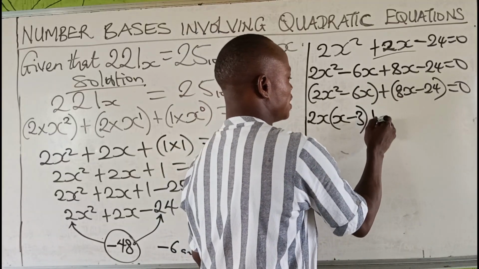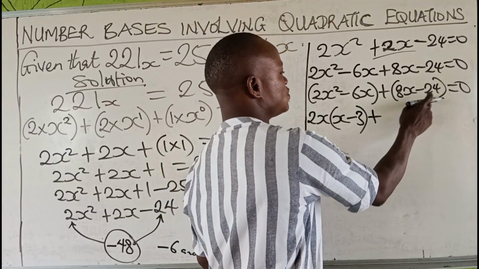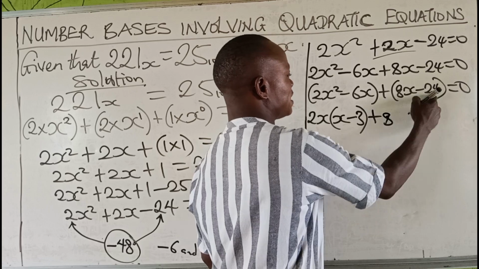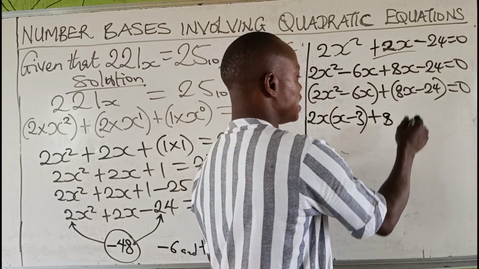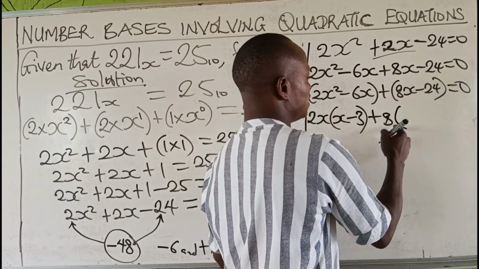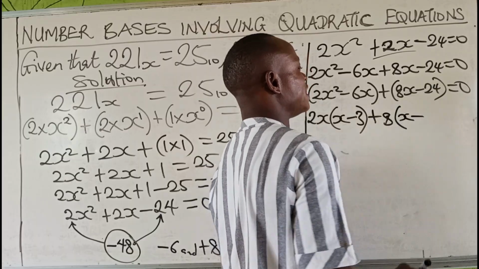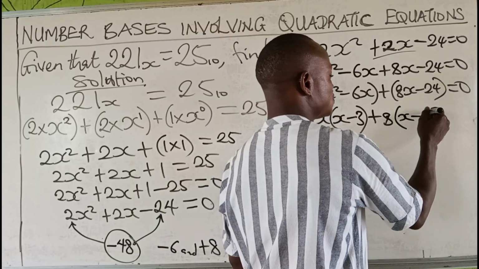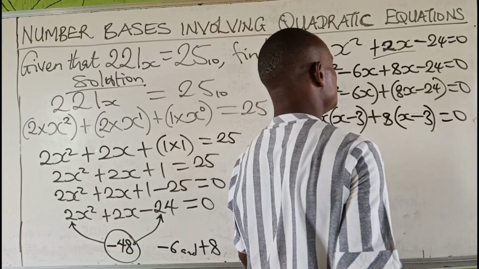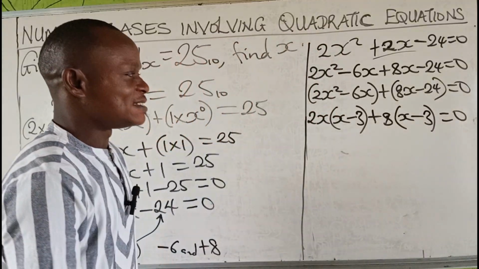Now we also factorize the second bracket. What is common is 8, because 8 can divide the two terms. Having brought out 8, 8 divided into 8x will give us x, minus 8 divided into 24 will give us 3, equal to 0.